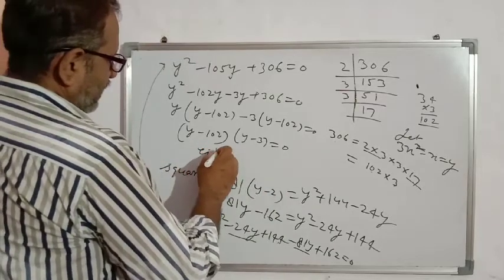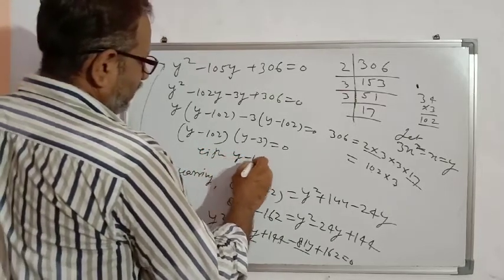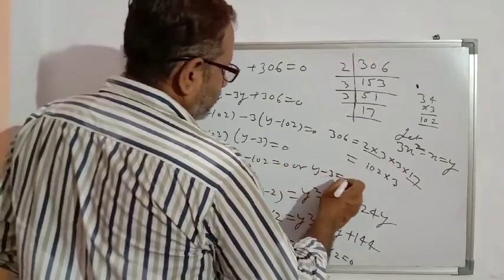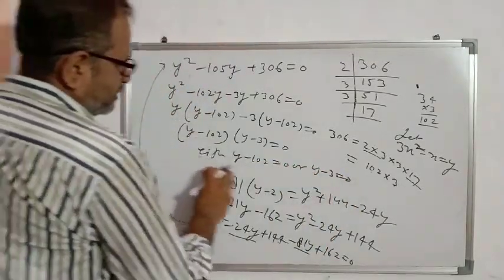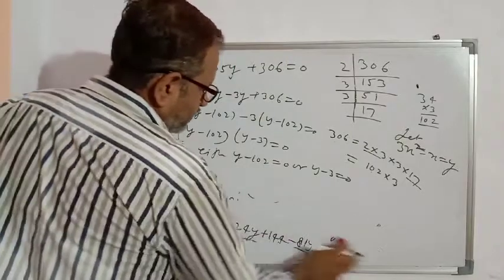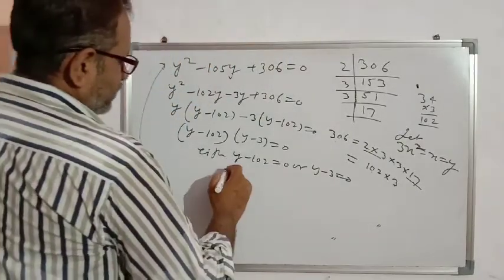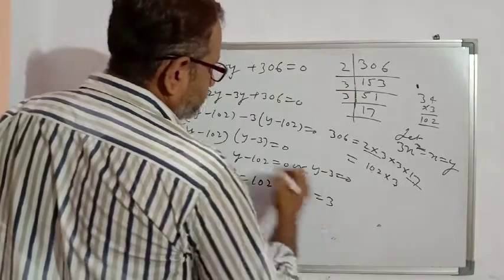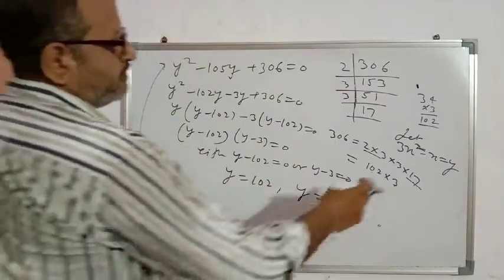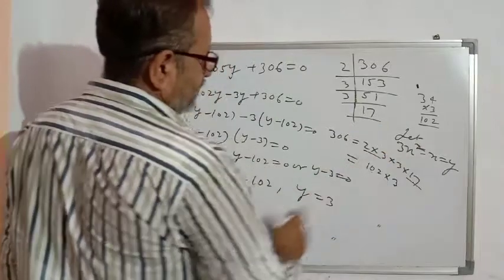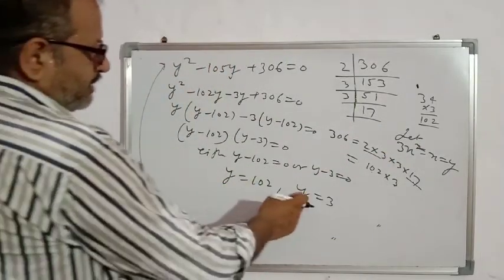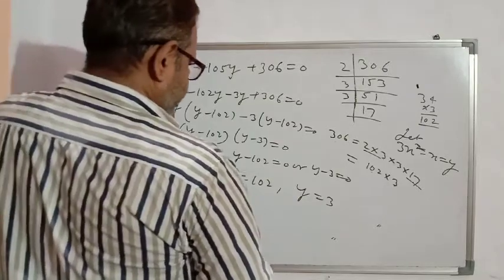So either y minus 102 is equal to 0 or y minus 3 is equal to 0. So we get y is equal to 102 and y is equal to 3. What is y? y is 3x square minus x. So one time we will take y is equal to 102 and next time y is equal to 3.